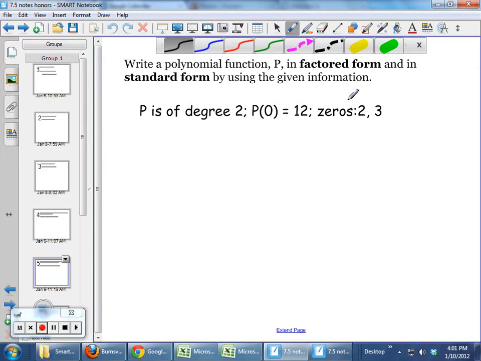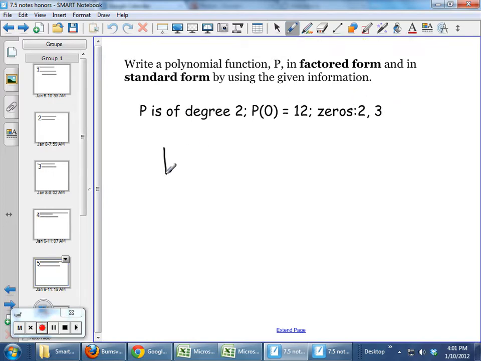I know my zeros are 2 and 3, so that means my equation, p of x, if the zeros are 2 and 3, it's going to be x minus 2 and x minus 3. Okay? And then that's it.